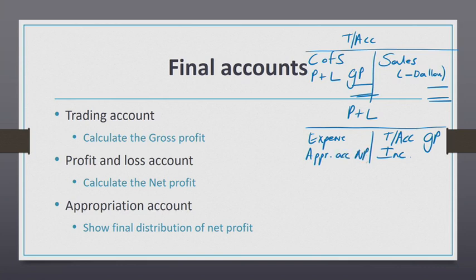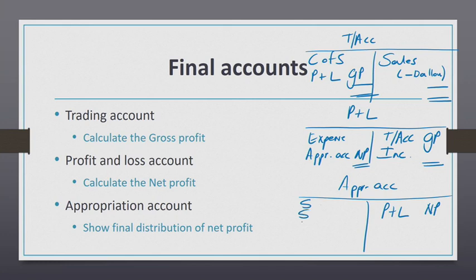Again, this account must close off. And then the appropriation account will start on the credit side with profit and loss, which will be the net profit. And then obviously, how are we going to divide that profit? Salary of each partner, interest on capital, there can be a bonus, and then the current accounts of the 2 partners, and must close off.